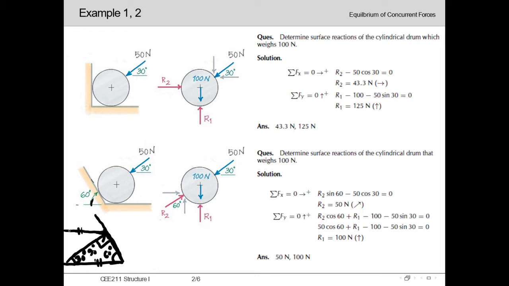If we consider a line parallel to this one, that means these two lines are parallel. If this angle is 30 degrees, this angle will also be 30 degrees. Then if we consider another vertical line over here, in total the sum of these two angles will be 90 degrees. So as this angle is 30 degrees, the other one will be 60 degrees.